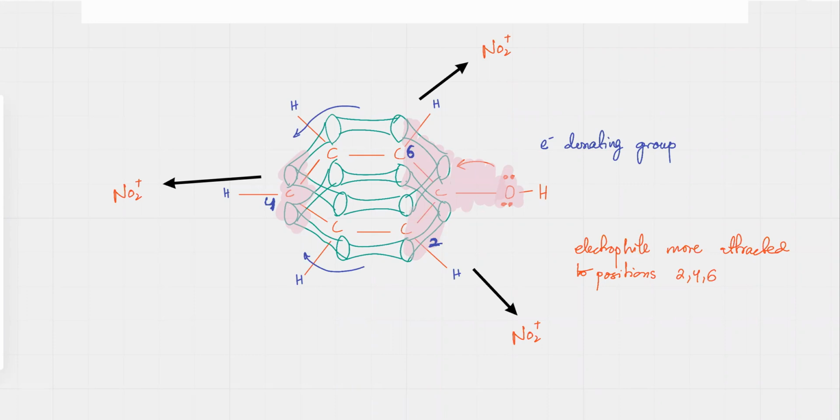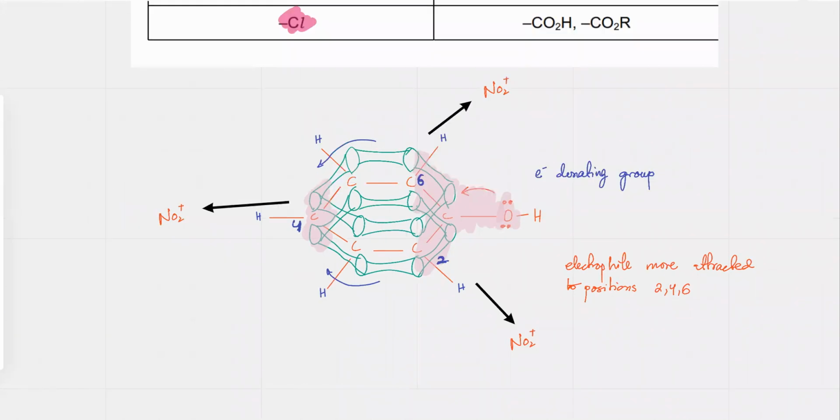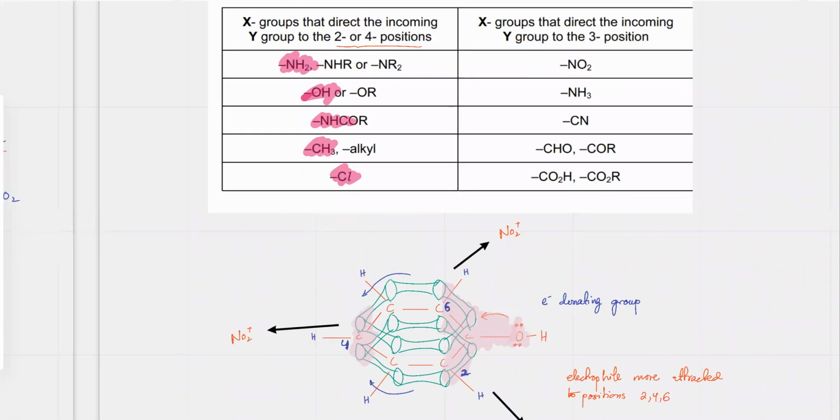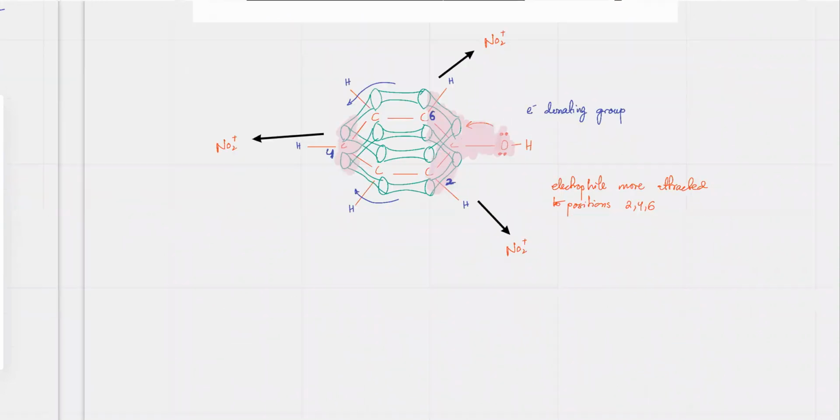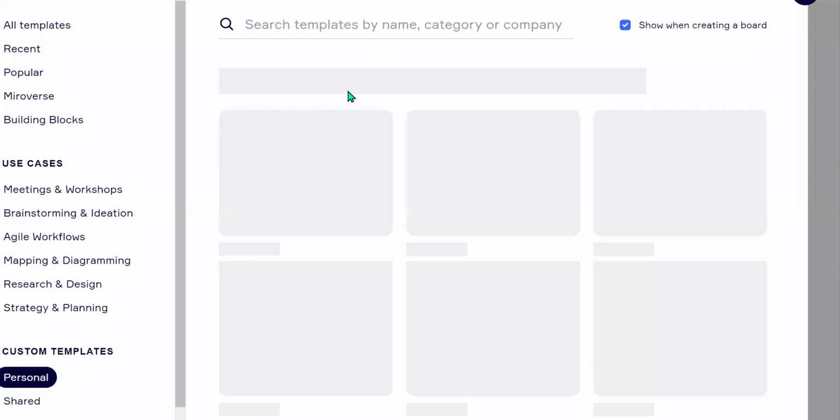Or you can just call it 2 and 4. And that kind of happens with all electron donating groups, for example, whether it's NH2, OH, or CH3, etc. Now the thing is that when you talk about electron donating groups, let me just simplify this, let me just add the benzene.